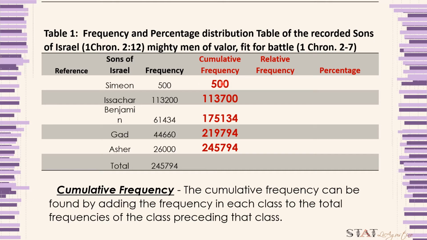So 500 and 500. Then by definition, what is the cumulative frequency in this row? We have to add 113,200 plus 500. So now we have 113,700. Same principle: 113,700 plus 61,434 equals 175,134.